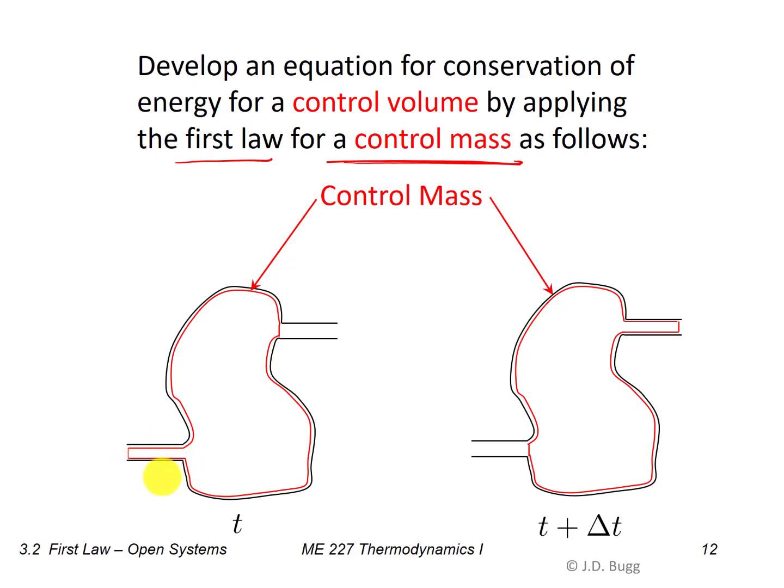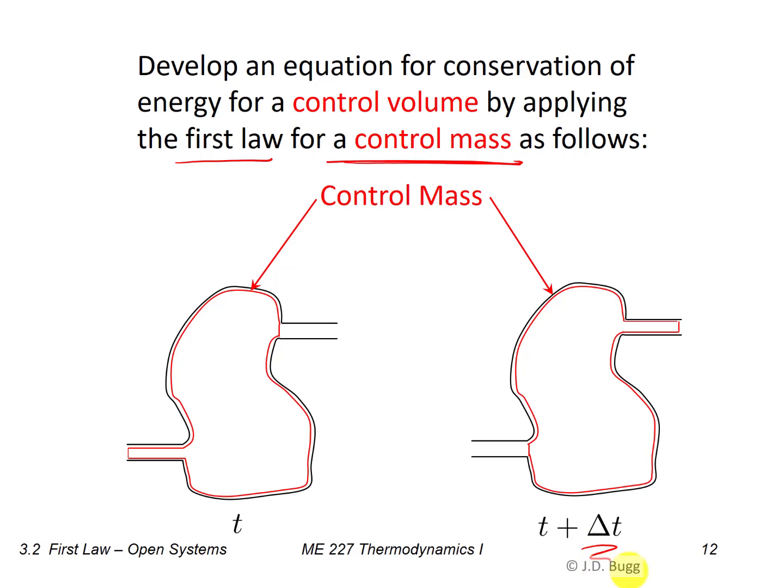Now realize this solid red line is a control mass boundary or a closed system boundary, so no fluid is allowed to cross that boundary. So as we progress from time t to time t plus delta t, that solid red line has to move with the fluid because nothing can cross that boundary.